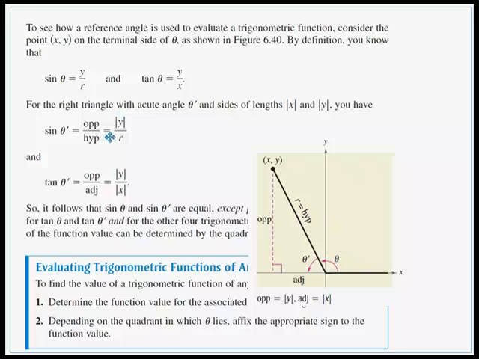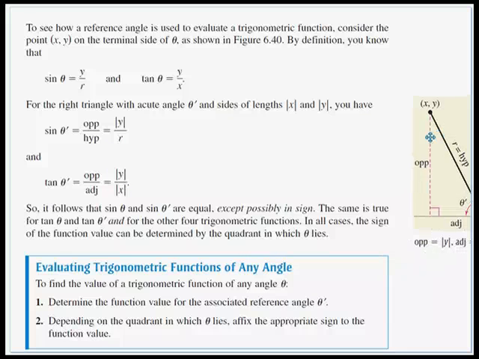So now if we compare the sine of theta and the sine of theta prime, it's y over r compared to the absolute value of y over r. And tangent is y over x. For our reference angle, it's the absolute value of y over the absolute value of x. So what does this mean?